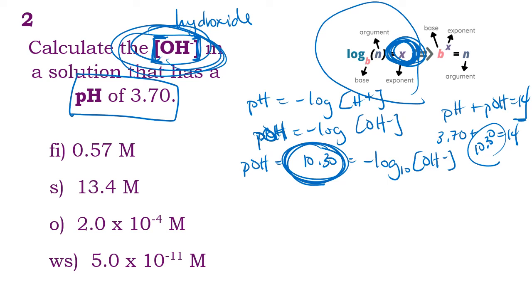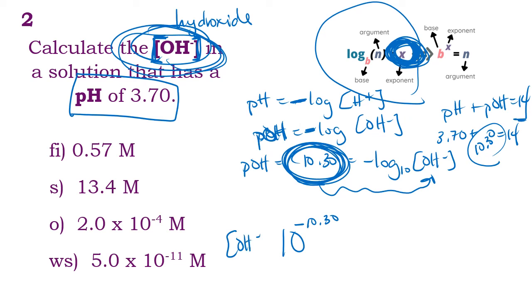So when I go backwards to my concentrations, all I have to do is put that number back as an exponent on a 10, but a negative exponent, because pH is negative log and pOH is negative log. I'm going to take my 10 and put this number back as an exponent, and make the exponent negative. So 10 to the negative 10.3 is my hydroxide ion concentration.